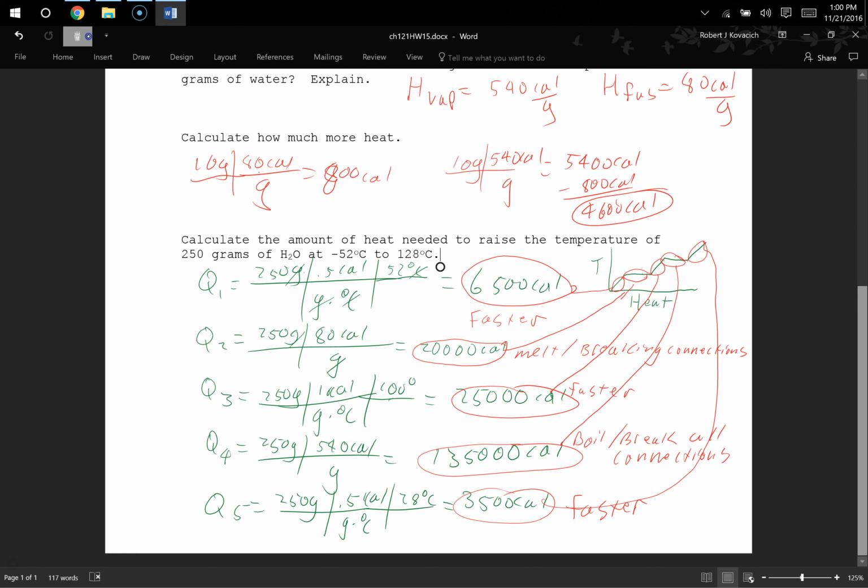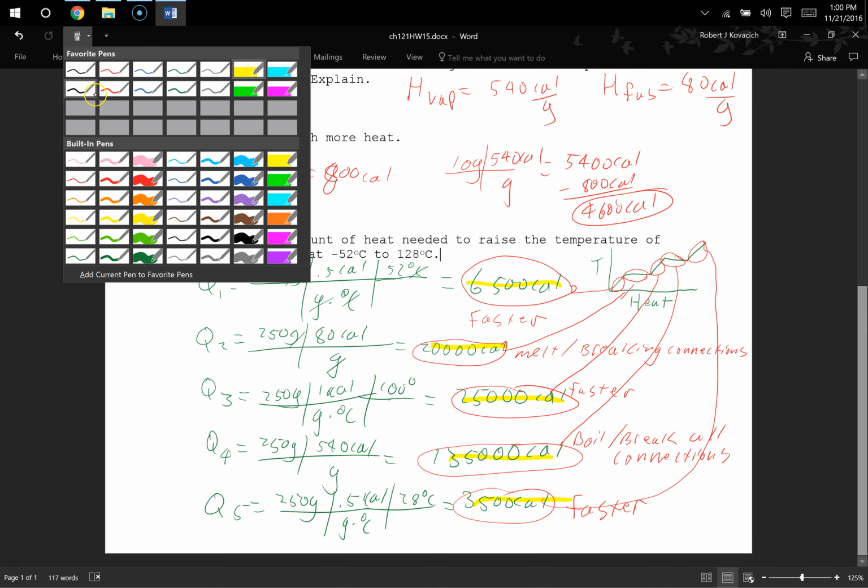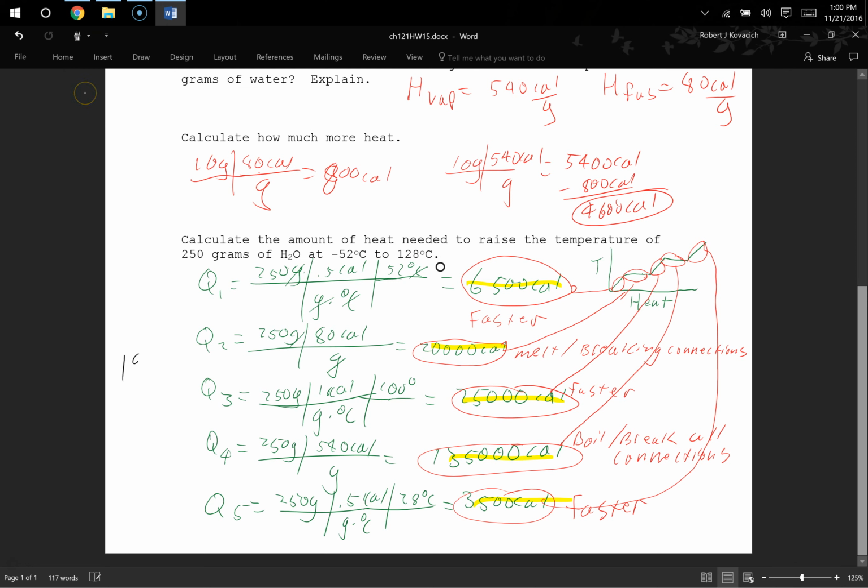So if I add all of these guys up, I end up with 190,000 calories total. So that's to go from this part right here all the way up to this part right here, if this is 128 degrees Celsius and this is negative 52 degrees Celsius. That's it.